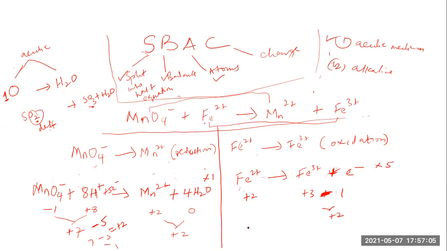such that I can now have 5Fe2+ to give us 5Fe3+ and 5 electrons.